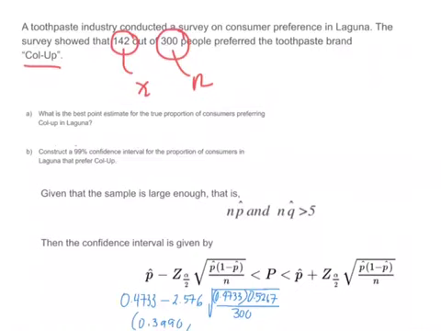All I have to do is change the minus sign into the plus sign. So this will give me 0.54755, or 0.5476. So this is our confidence interval at the 99% confidence level.